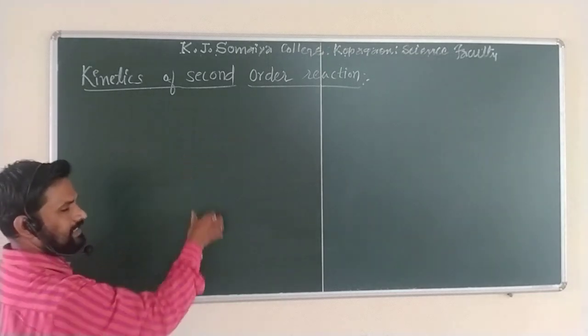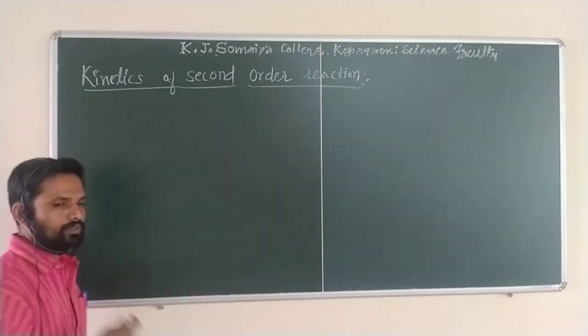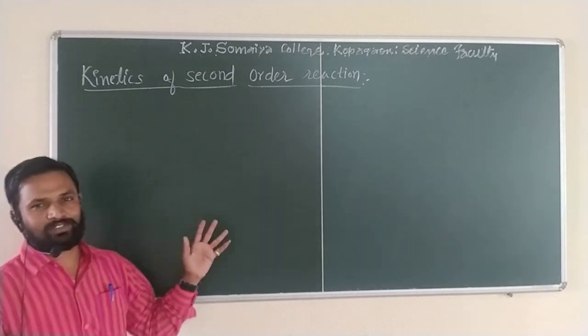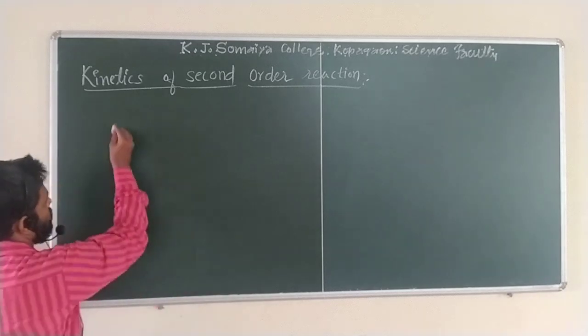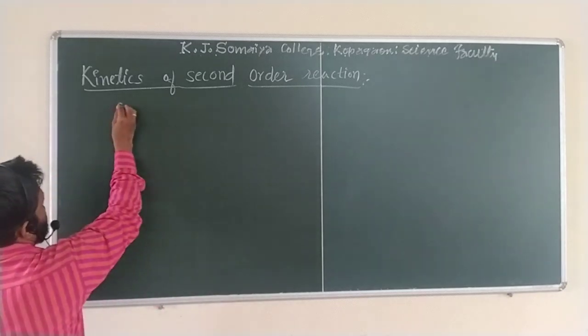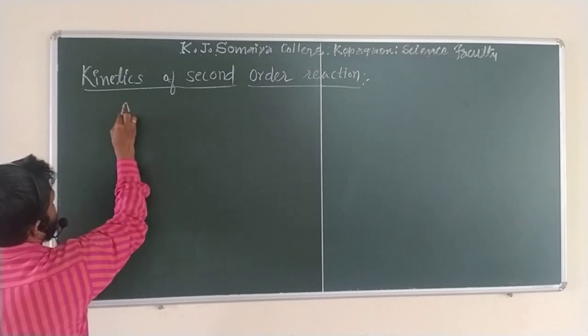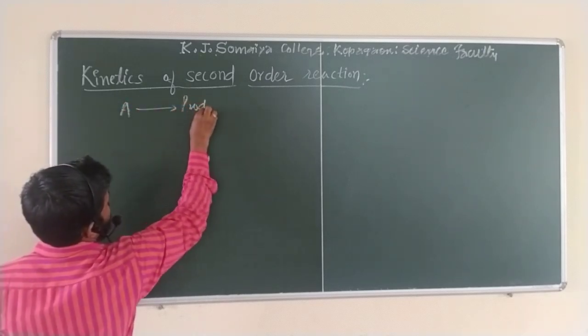For example, I hope you will easily get the idea, because from the last lectures we are studying all these things of chemical kinetics: what the reaction is, how the rate can be written. So for example, here a single reactive molecule is involved in a second order reaction. Suppose A is the reacting molecule, and it gives the product.